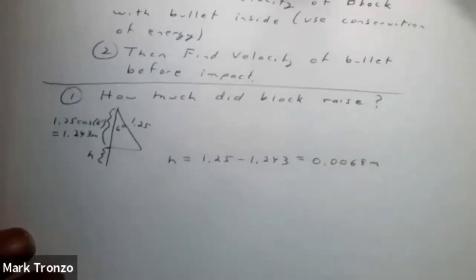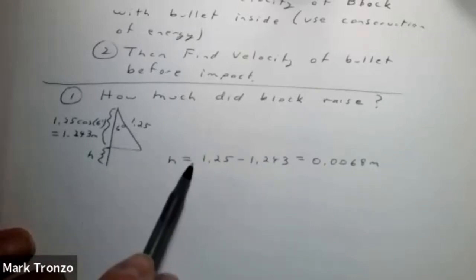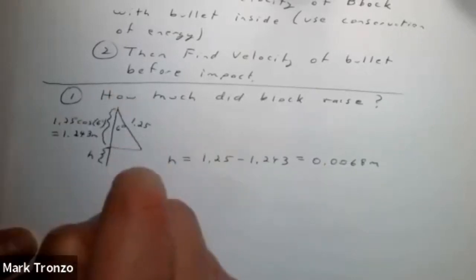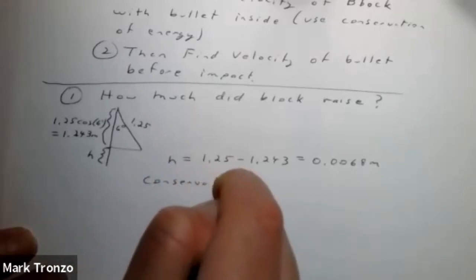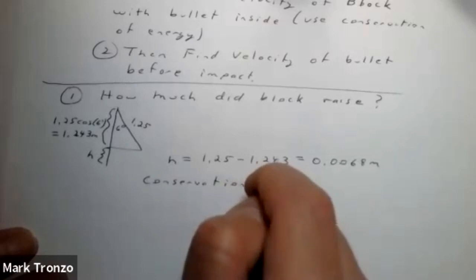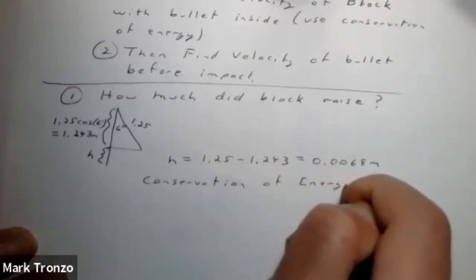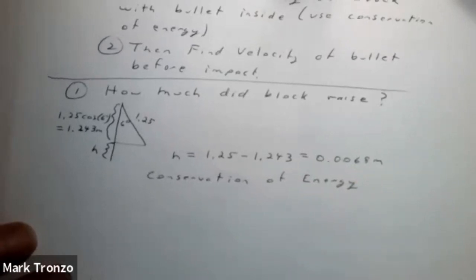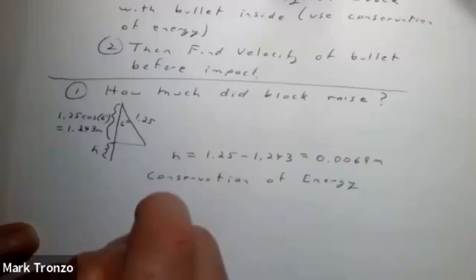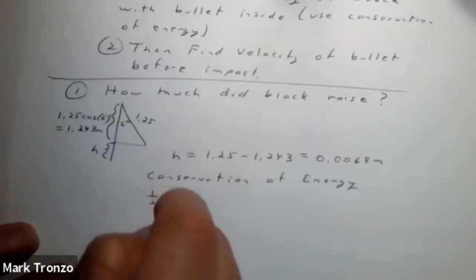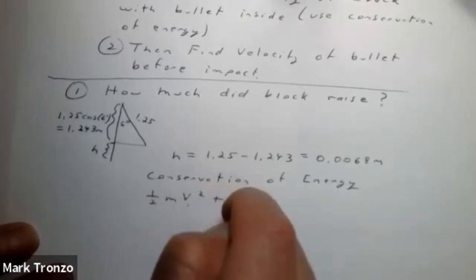Now we have a difference between beginning and ending height, so we use conservation of energy, which is going to tell us the velocity of the block and the bullet together. I'll write this kind of fast since we don't have a lot of time left.